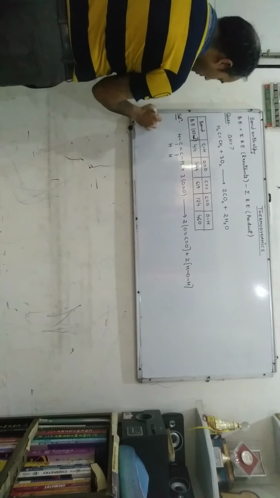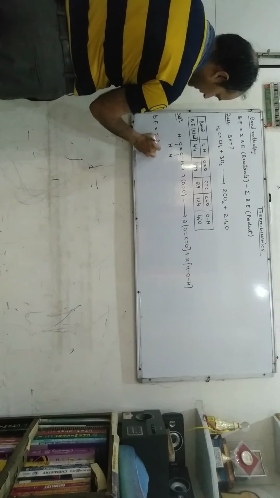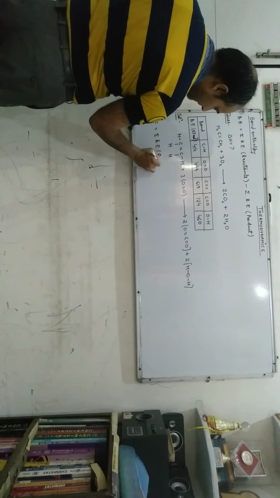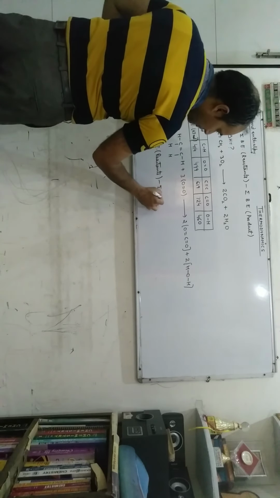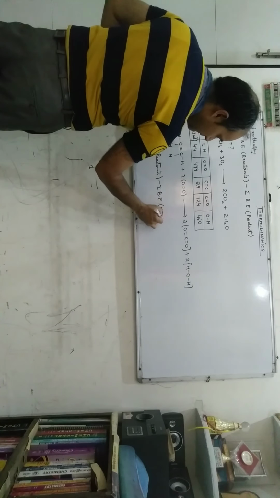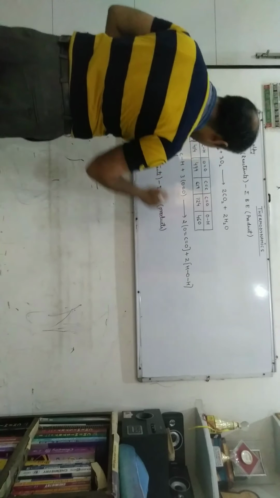Now we know that the enthalpy change is equal to the sum of bond enthalpies of reactants minus the summation of bond enthalpies of products. Here the reactants are these and the products are these.